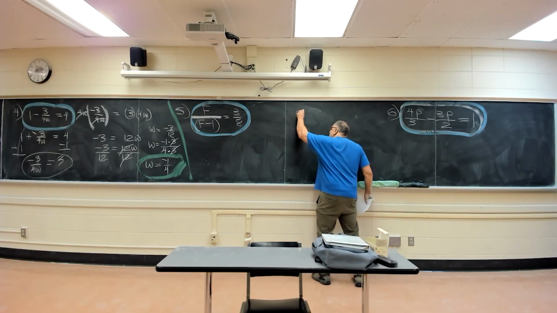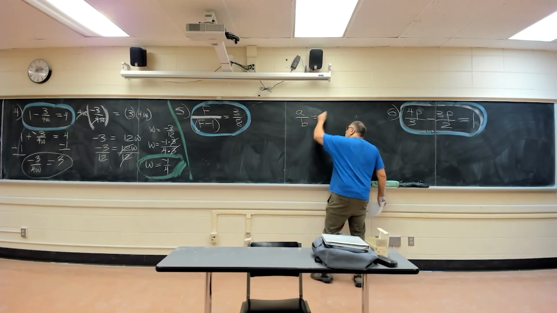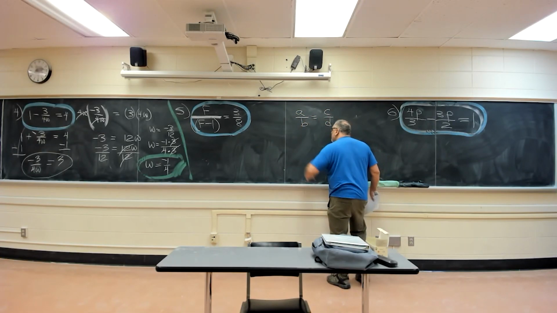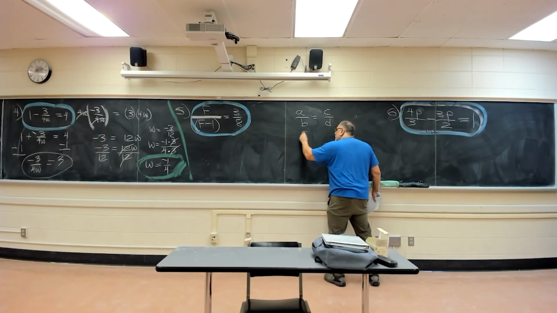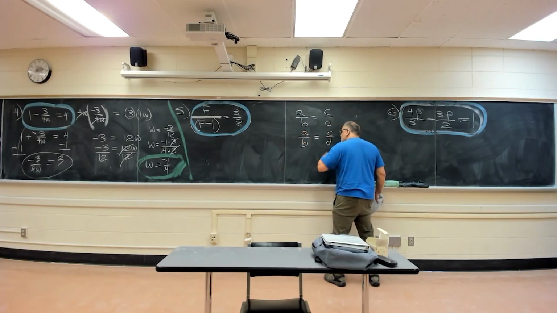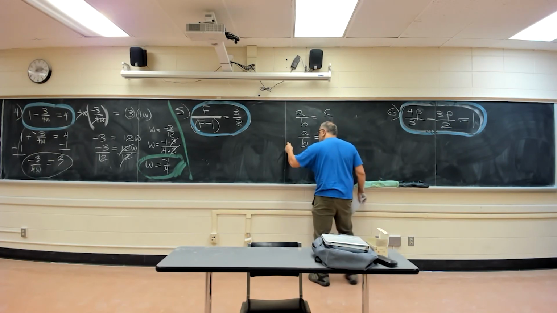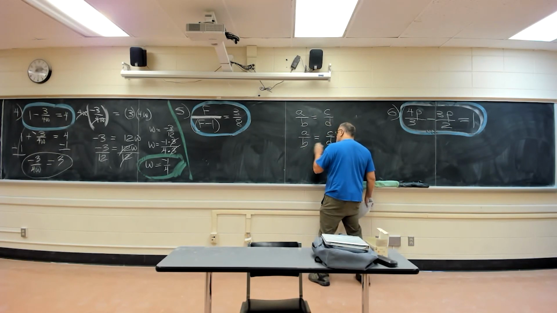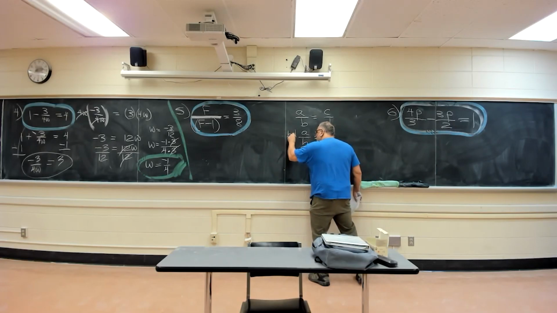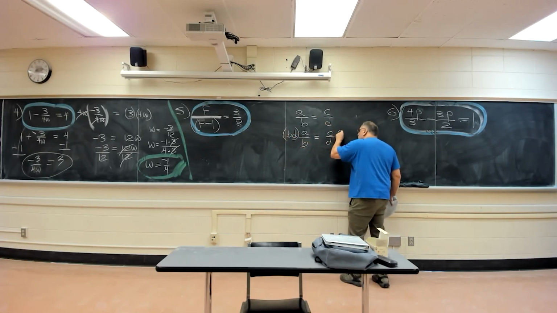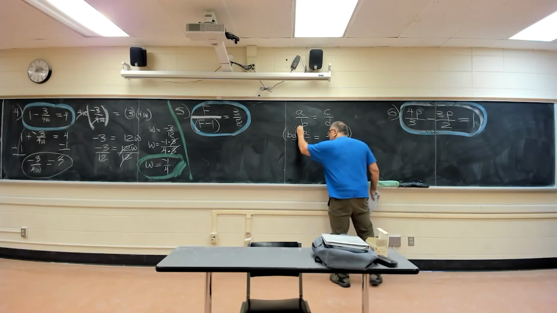If you got a over b equals c over d, sounds good to me, you can say the following. Is it true that if I multiply both sides by, well, here's a b, here's a b, here's a d, let's multiply by bd on each side. It's still an equation if I do that.